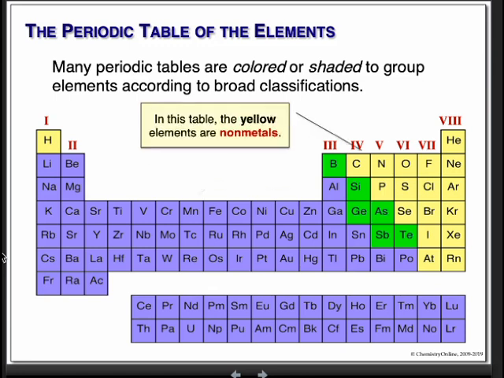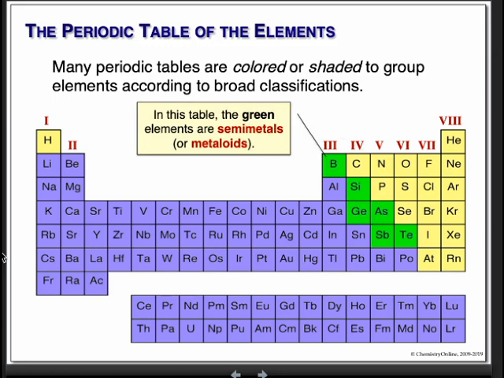The guys here in yellow are what we call nonmetals. These conduct electricity, but these guys don't. These are the insulators. Here at the border between metals and nonmetals, you'll also notice that hydrogen over here is classified as a nonmetal. Here at the border, we have the greens. The greens are semi-metals.